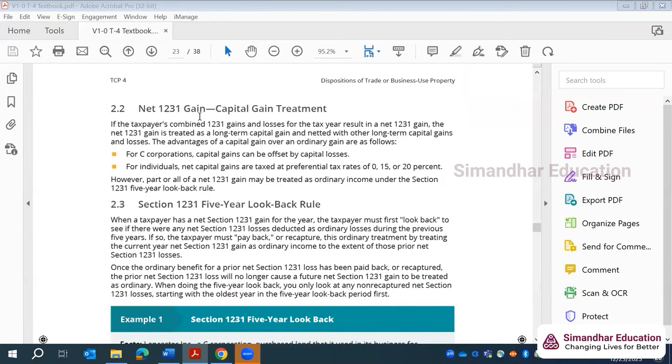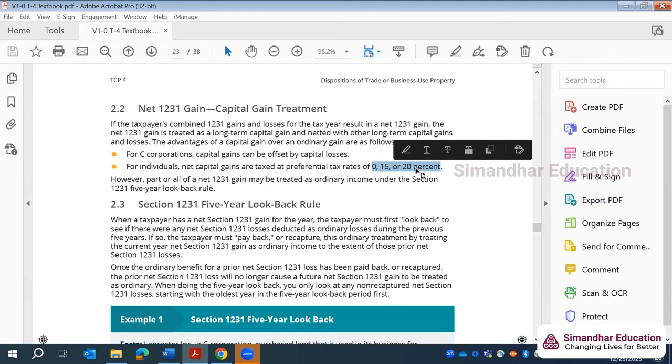All right. So capital gain treatment, as I mentioned, for corporations, capital gains can be offset by capital losses. And for individuals, you are taxed at a preferential rate, which can be anywhere between 0 to 20%. So remember, for individuals, you have progressive tax rates.